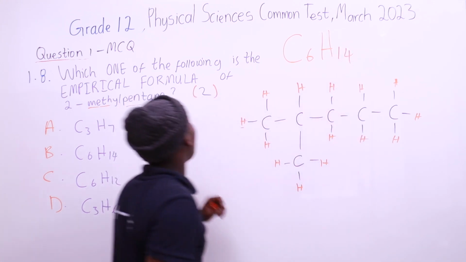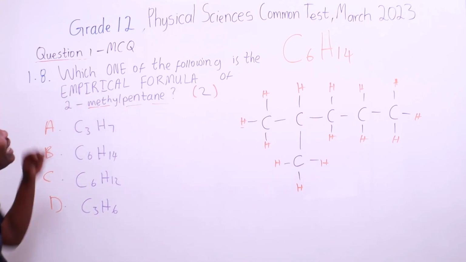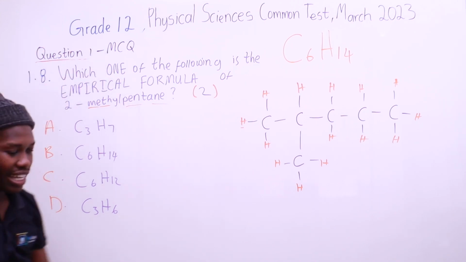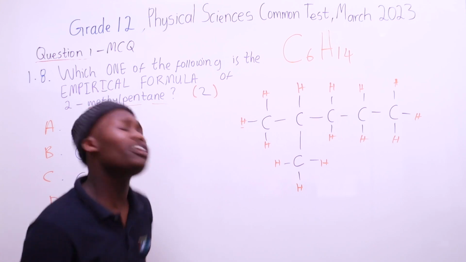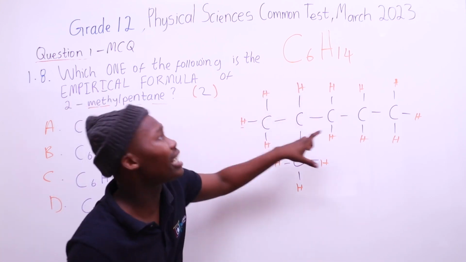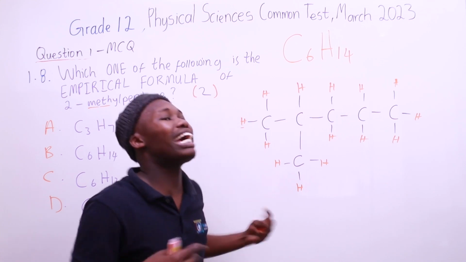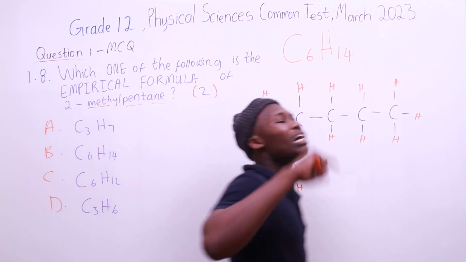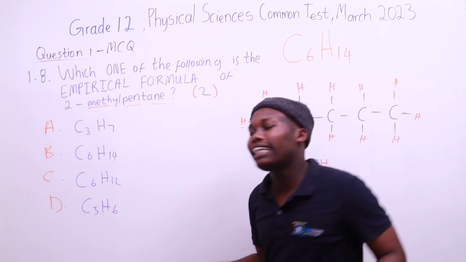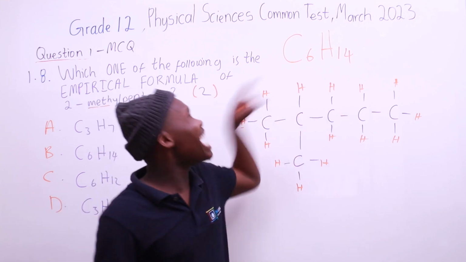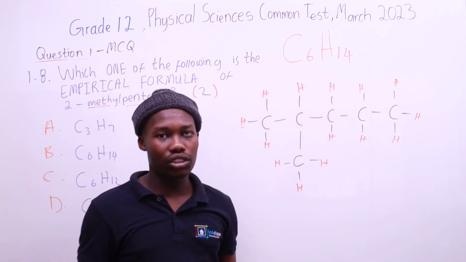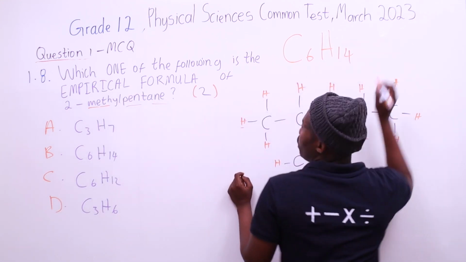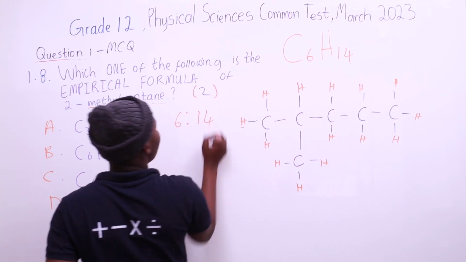So 14. But the question asks which one of the following is the empirical formula, and not the molecular formula. The molecular formula shows you how many carbons and how many hydrogens there are. It tells you the exact amount. The empirical formula gives you the simplest ratio of atoms in a compound. This means the ratio, in this case, is 6:14.